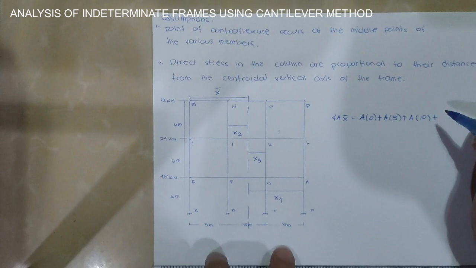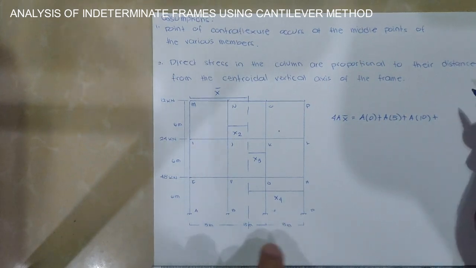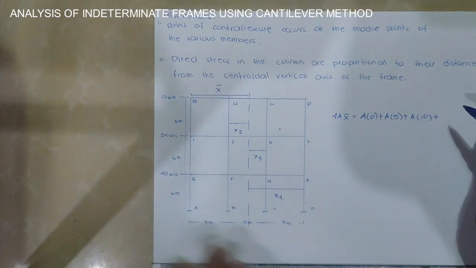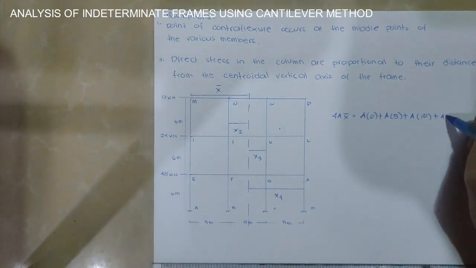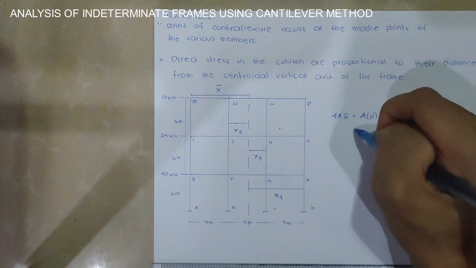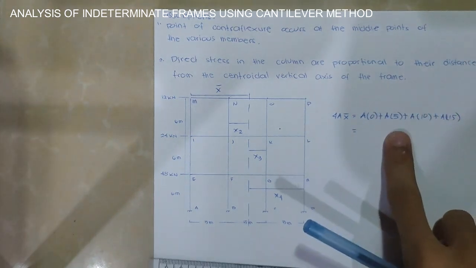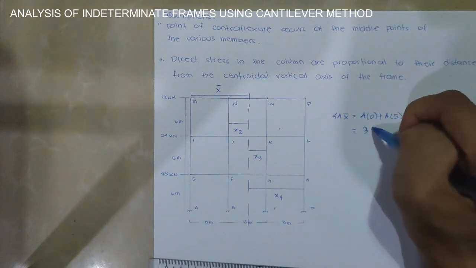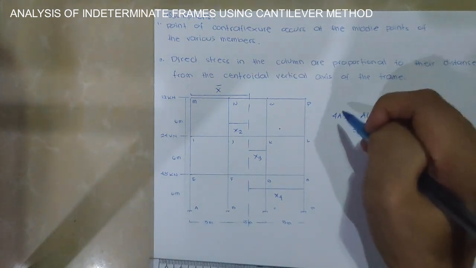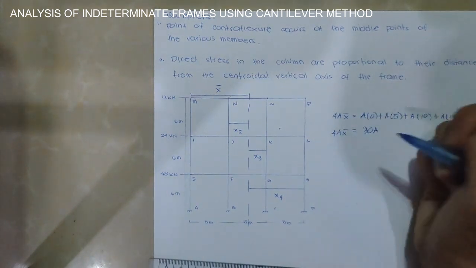And the same for our last column, which is 15, the distance from the reference column. Then just add: 5 plus 10, 15 plus 15, which is 30A. So copy x bar here.